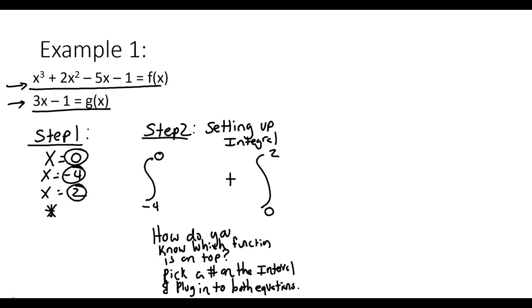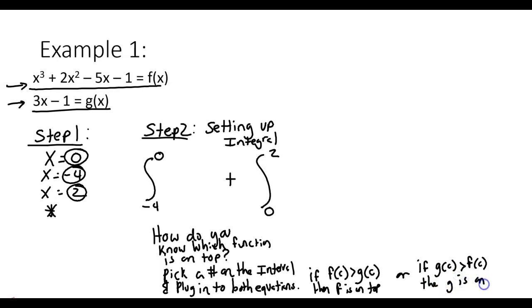Now, if the y value is bigger, that means it's the one that's on top. So if f of your number is greater than g of the number that you picked, then f is on top. Likewise, if g of your number is greater than f of your number, then g is on top. So that's how you're going to know which one comes first.